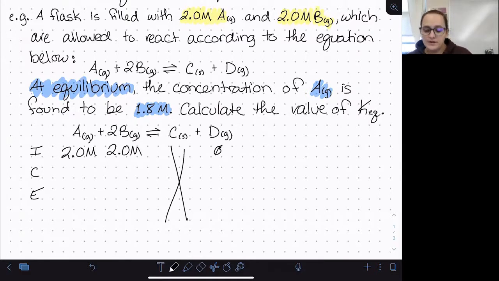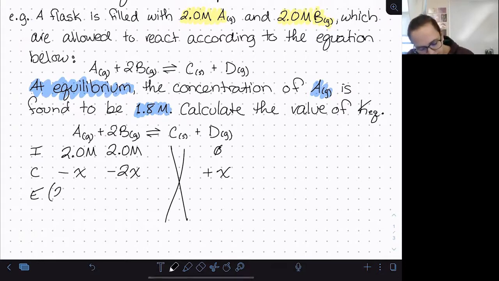Since we have no product to begin with, we know that we're going to produce product by consuming reactant. For every 1 mole of A, we consume 2 moles of B. So when A's concentration decreases by X, B's will decrease by 2X, and we will produce X amount of D as well.